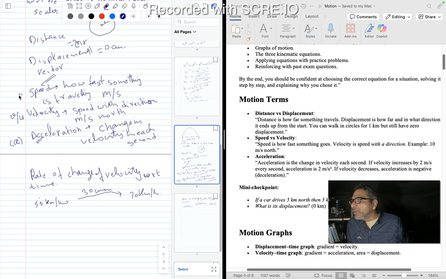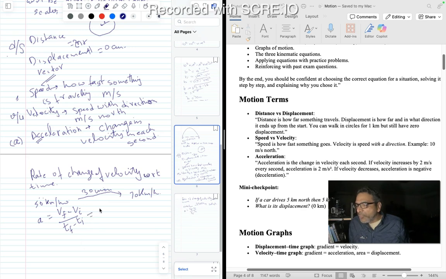Similarly for speed it is small s, and for distance and displacement sometimes we use d, or sometimes capital S. Okay, so according to the definition, the acceleration a means we have to check the difference between the final and the initial velocity, and then we have to see it over the time, t final minus t initial, right?